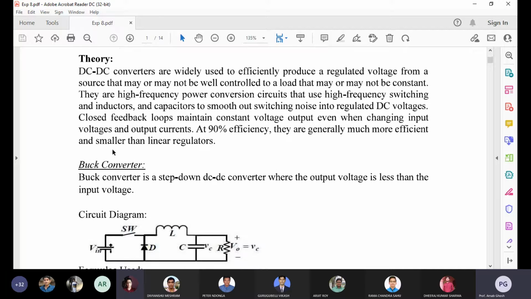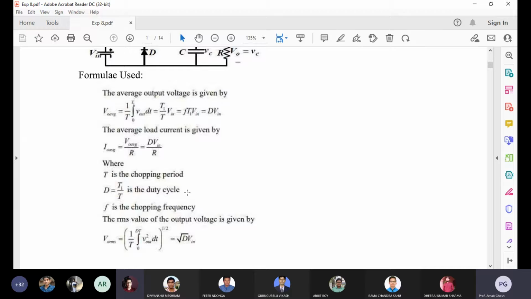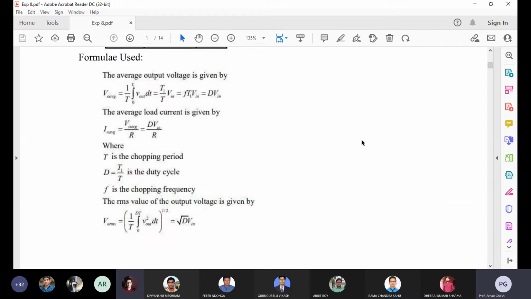We know the basic structures of the converters, that all are SMPS, switch mode power supplies. First we start with the buck converter. Here you can see the basic circuit diagram of the buck converter, the basic equations, and the duty cycle relation directly. You can also put the voltage and current waveforms here.